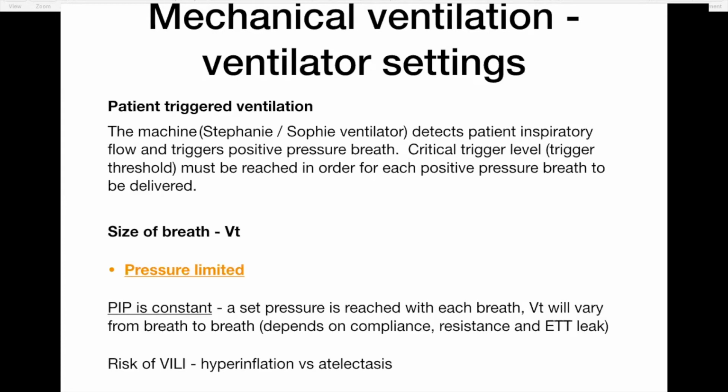So we are going to set a pressure, and it's going to be reached with each breath, and our tidal volume will vary from breath to breath, and it is going to depend on the compliance and the resistance of the lung, and of course on the ETT leak. There is an obvious risk of lung injury because we can either hyperinflate the lung or we can cause atelectasis if our set pressure is not going to deliver ideal tidal volumes.